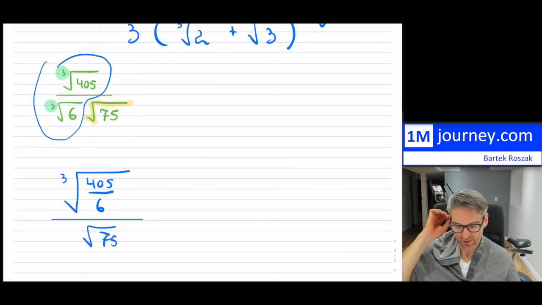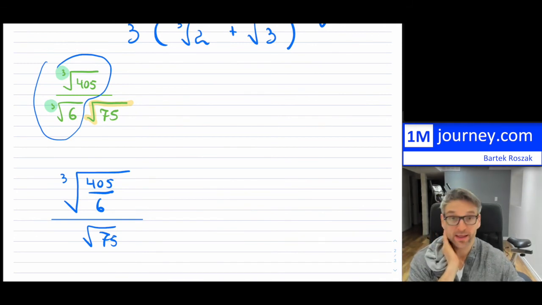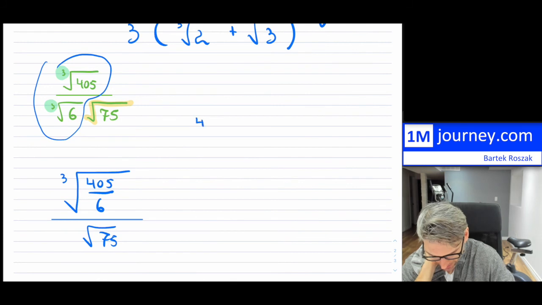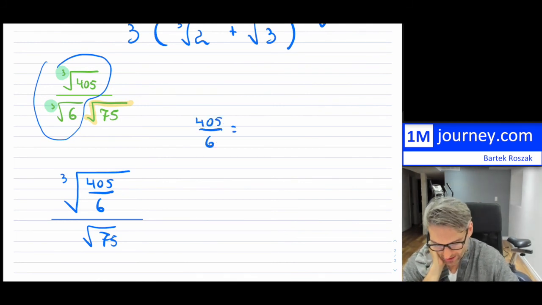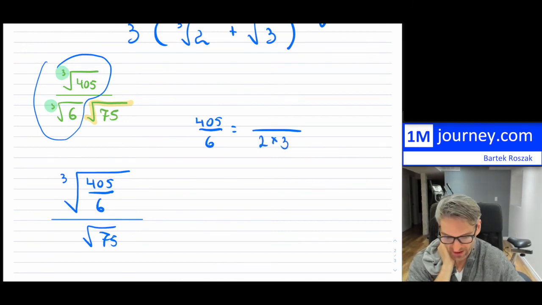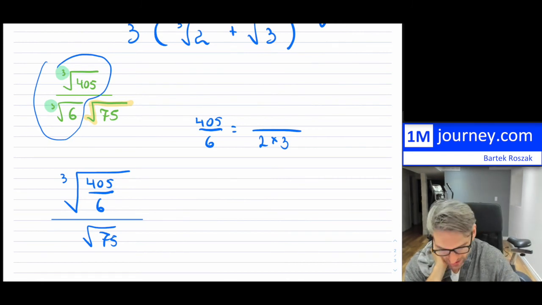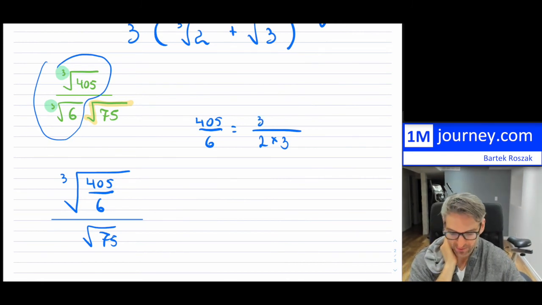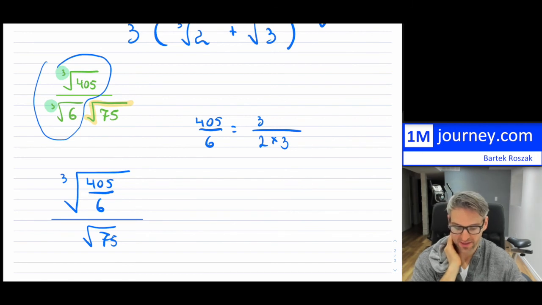So now if I want to simplify this, again, just prime factoring. So I'm going to take 405, okay, over 6. All right, now 6 is just 2 times 3. So that's not a big deal. Okay, so now the 405, so 3 goes into that, right? Because 4 plus 0 plus 5 is 9. So that's just prime factoring and divisibility.